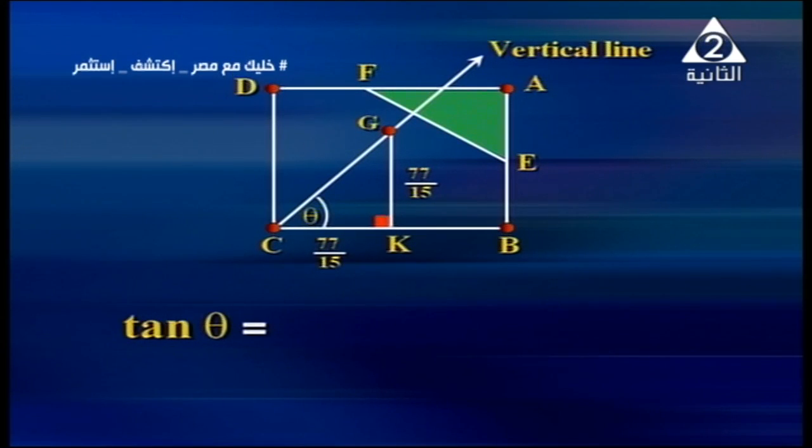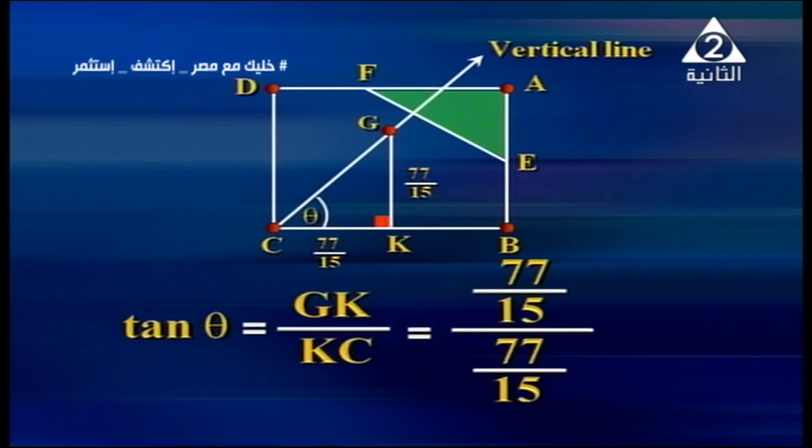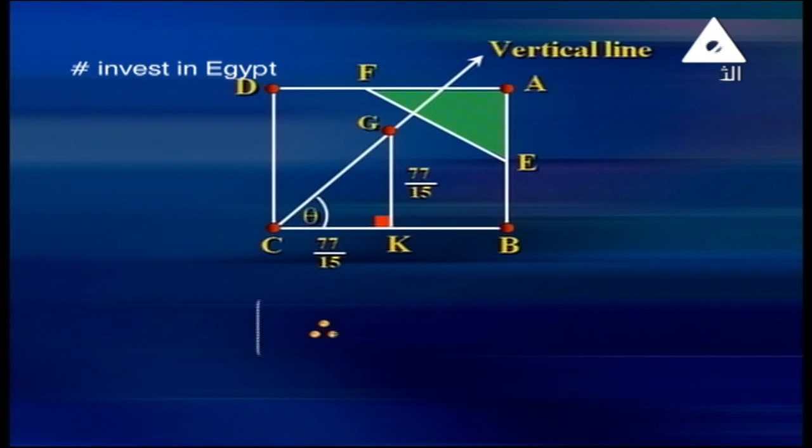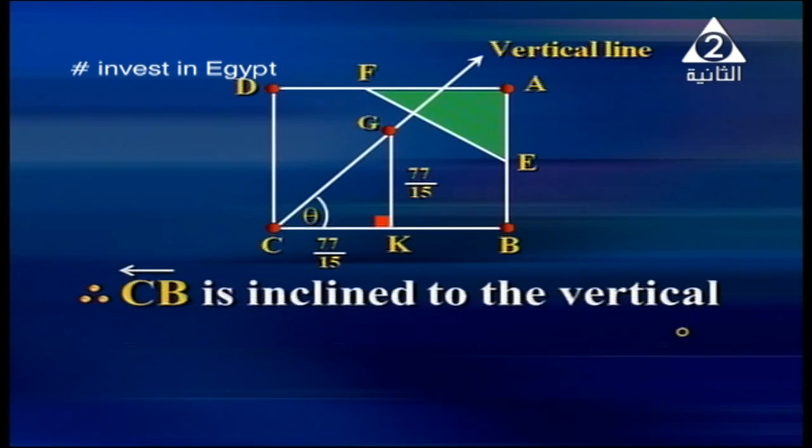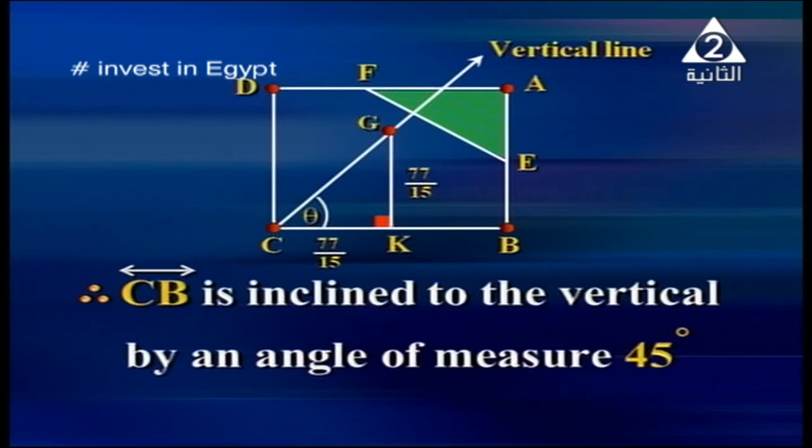Opposite over adjacent equals 1. Look at theta equals what? Therefore theta equals 45, shift tan 1 equals 45. Therefore, CB is inclined to the vertical by an angle of measure 45 degrees.